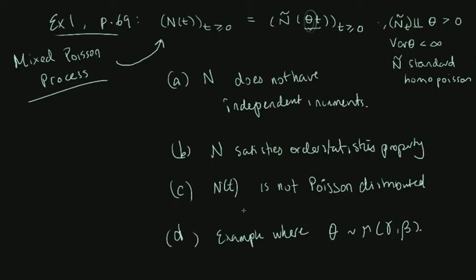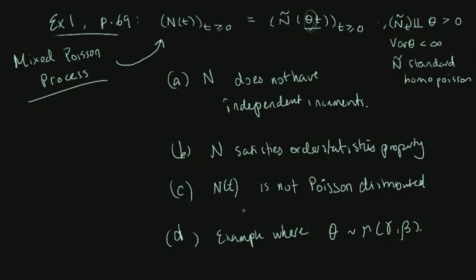And in that case, we will call this mixed Poisson process a negative binomial process. So these are the results that we will be showing in this exercise. And we will just do the solutions like A, B, C, D, one by one, and tackle things as we go along.